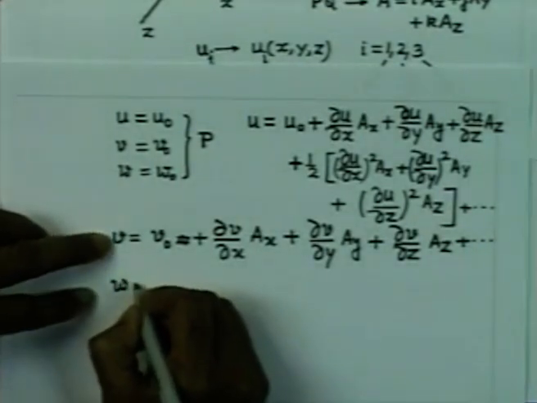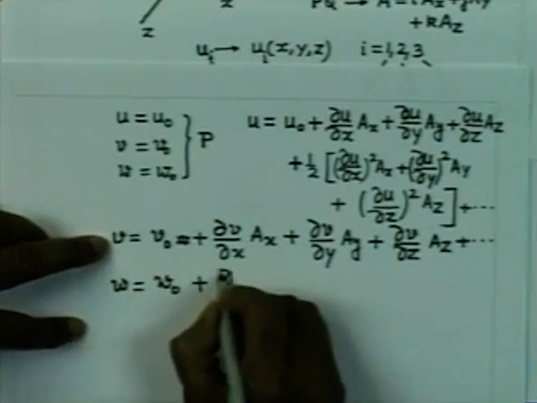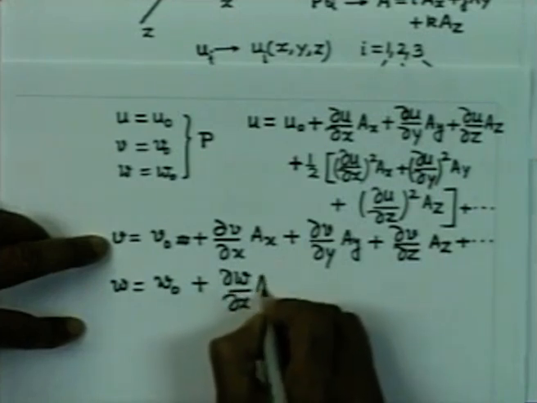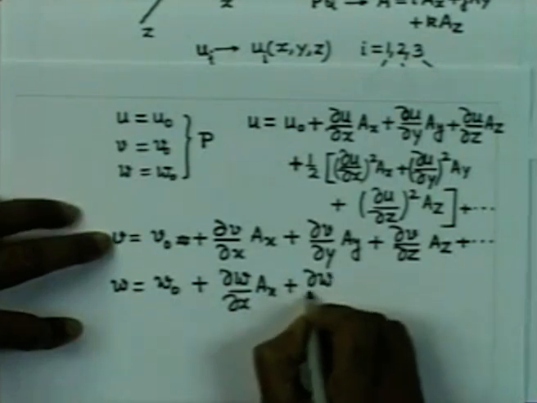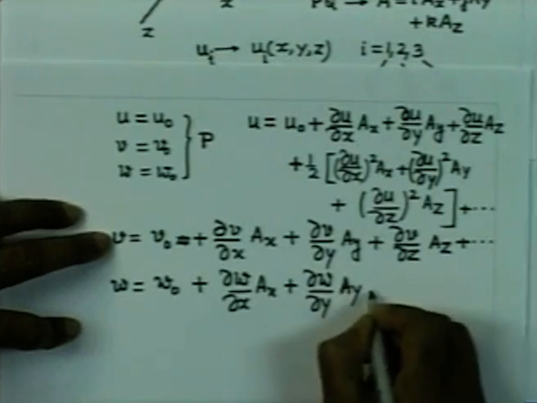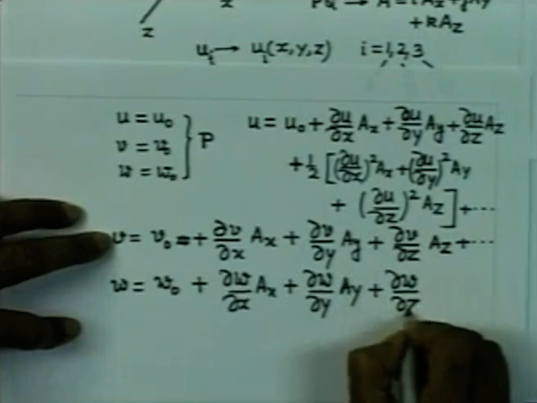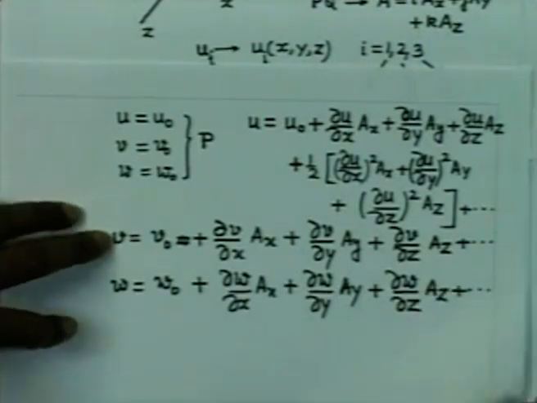Similarly, w can be written as w0 plus delta w by delta x into Ax plus delta w by delta y into Ay plus delta w by delta z into Az plus the higher order terms.